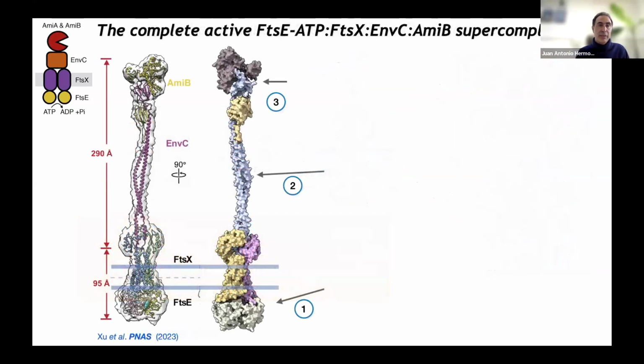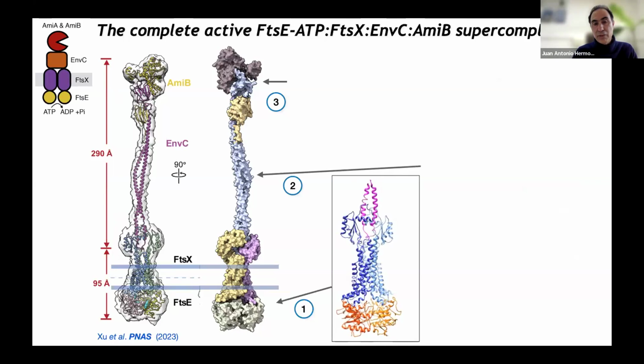But surprisingly, when we add the amidase, we can see that we have the full supercomplex, in which we have FTSE, FTSX, EnvC, and AmiB, the amidase. At that time, we had a very long structure, really around 300 Angstrom over the membrane, and we have the different components of this activation.